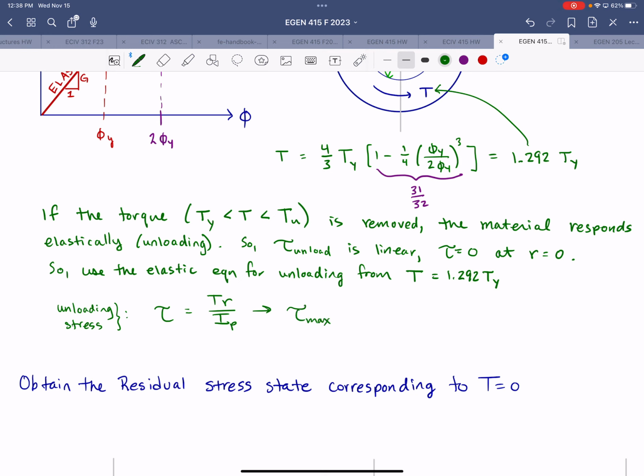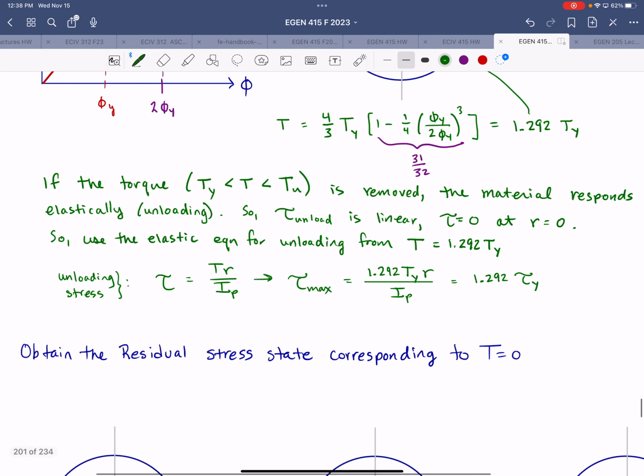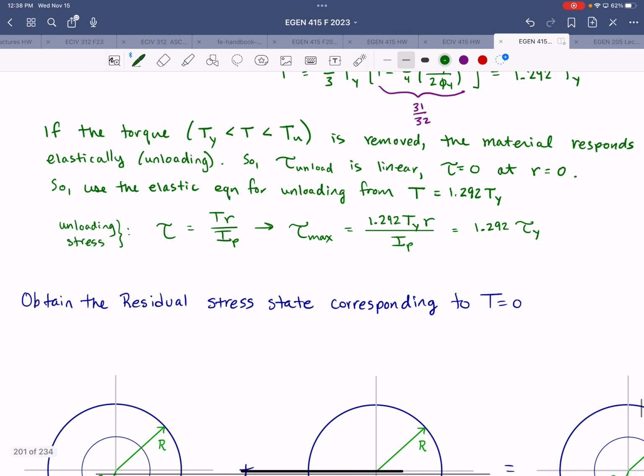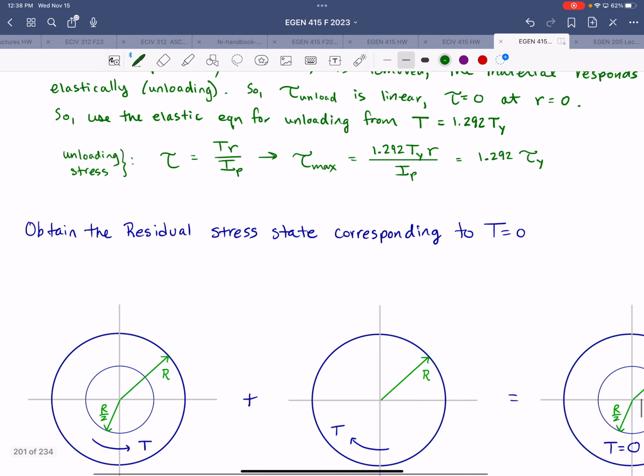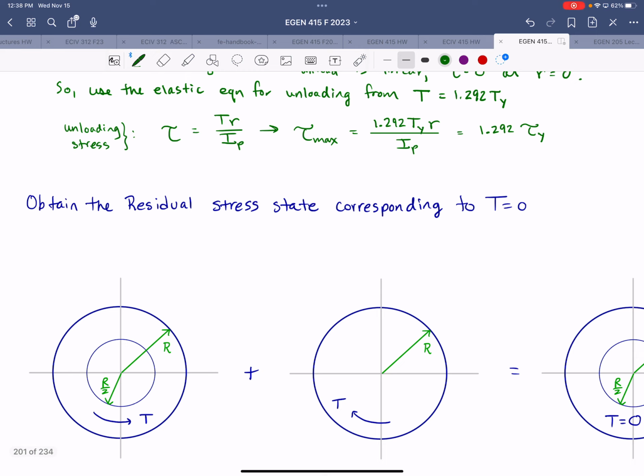So our maximum shear stress would be 1.292 times the yield torque times the radius divided by polar moment of inertia, which is equal to 1.292 times the yield stress. So the residual stress state that corresponds to a torque of 0 represents a complete unloading. We'll superimpose the loading and unloading stress states.